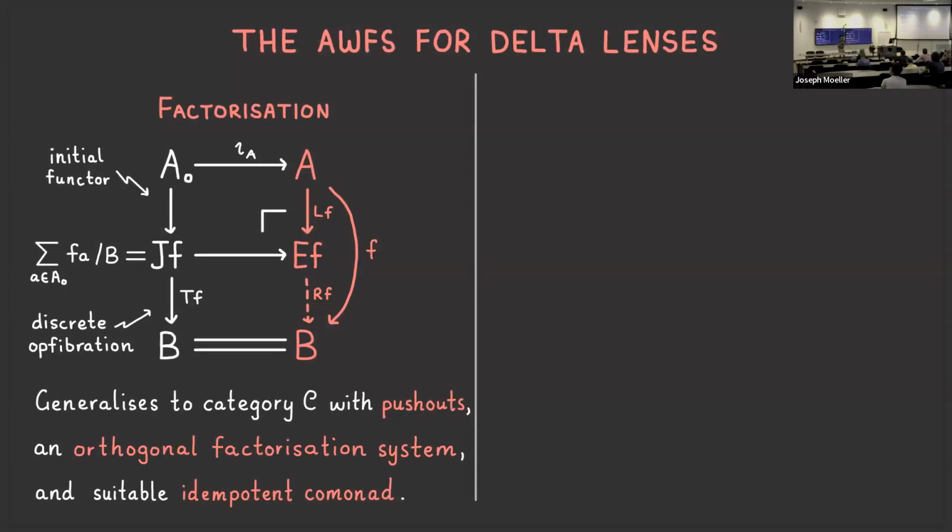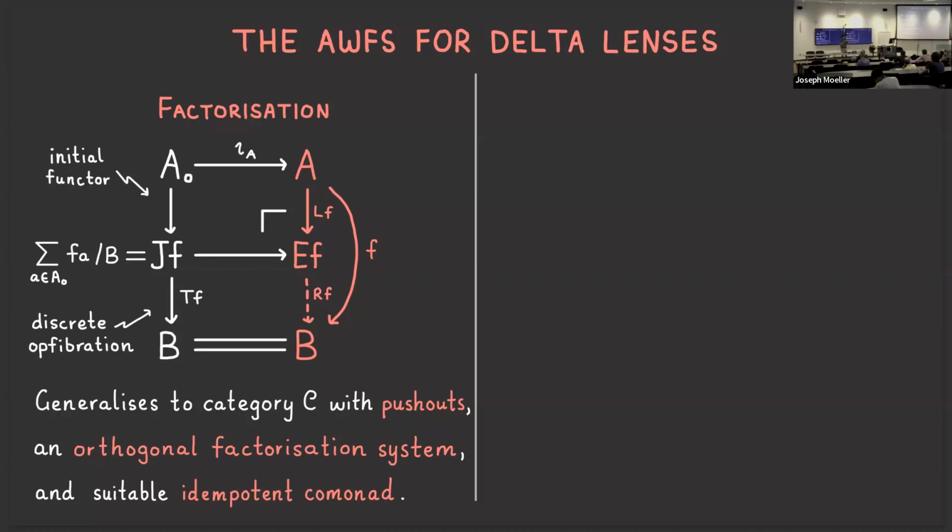Another nice thing about presenting it this way is that we can generalise it to a more general setting. So we saw before how these certain kinds of lenses can be generalised to categories with products or two categories with common objects. We can also do this in this situation. So here we can generalise to a category with push-outs. We can see that we need them here. We can replace the comprehensive factorisation system with just any OFS, and we can replace this action of taking a category to its discrete category with any idempotent comonad on our category C, which preserves push-outs.